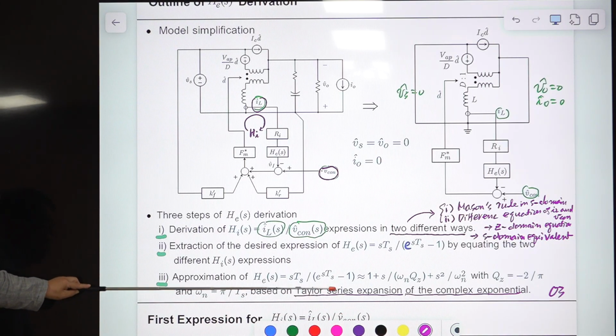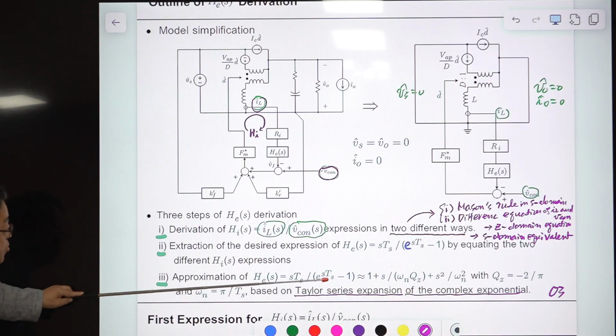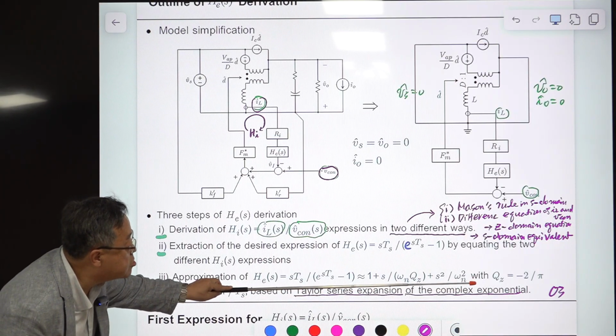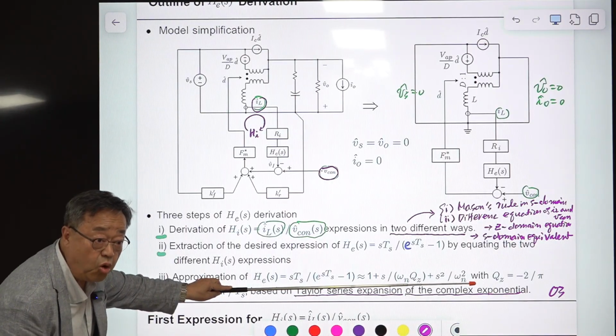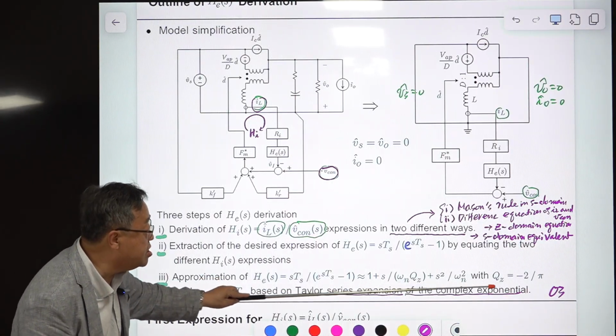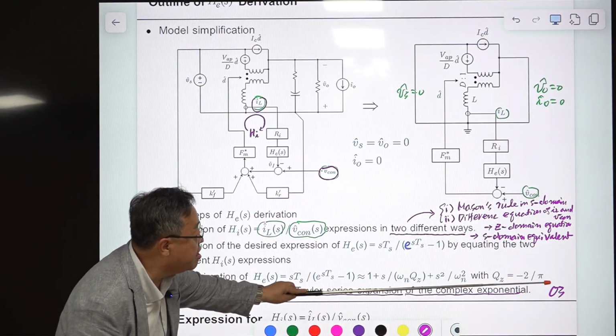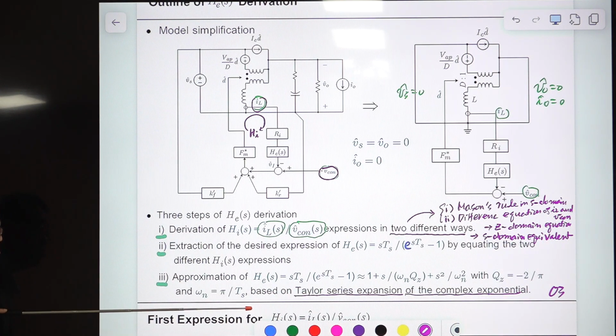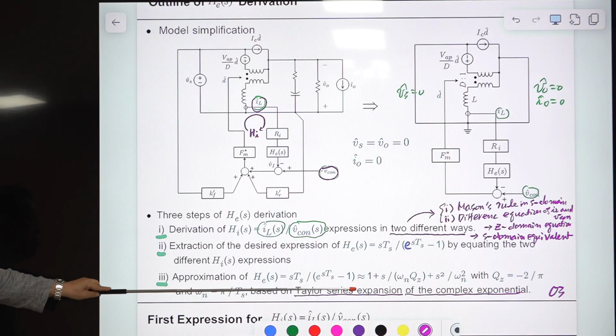So H(s), originally given in this form, can be approximated. This expression is what? A quadratic form, with minus quality factor, and this is the half of the switching frequency, and it is in the numerator. So this is an RHP double zero coming out.